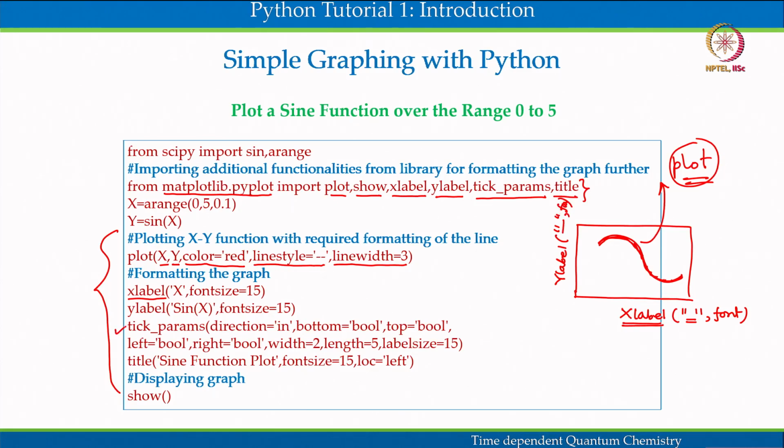Tick parameters. Tick parameters, what are they? There are ticks which will be used here to show the values, this can be some value, let's say 0, then this is probably 1, this is probably 2, like this way. This is just an example.